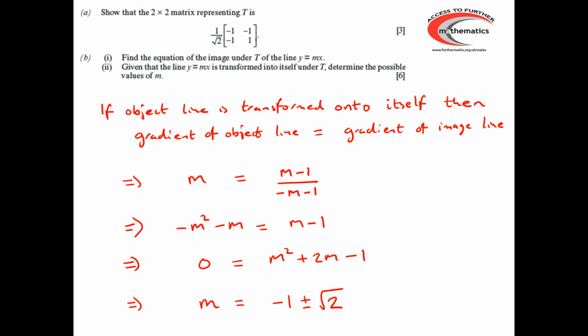Now the marking for this question: there was 1 mark for writing down the rotation matrix at the beginning of the question, 1 mark for the reflection matrix, and then 1 mark for ensuring that T did indeed have the required matrix.